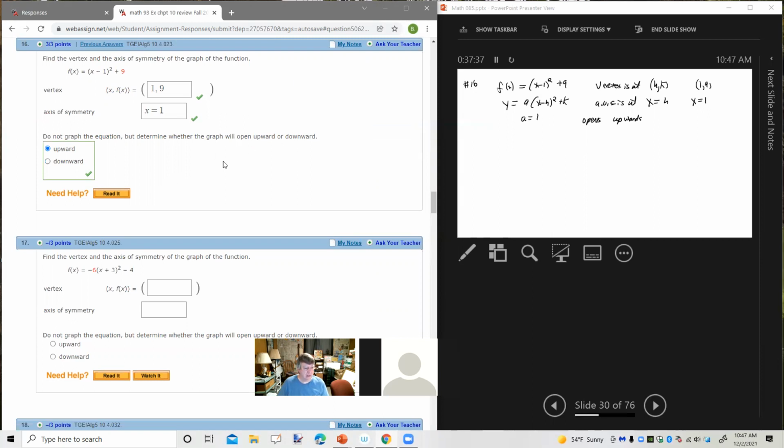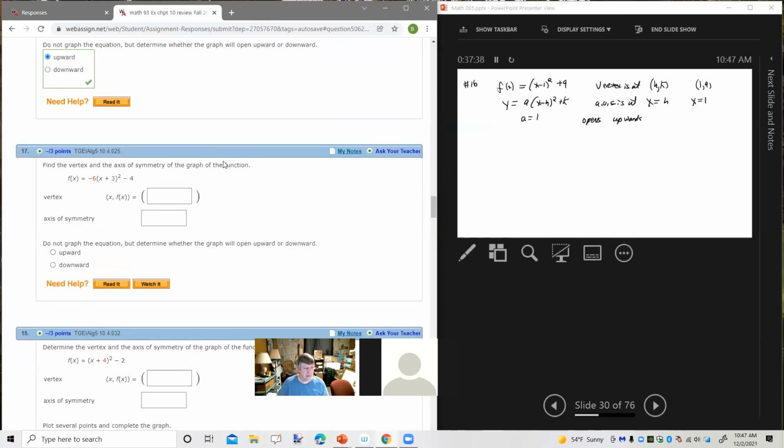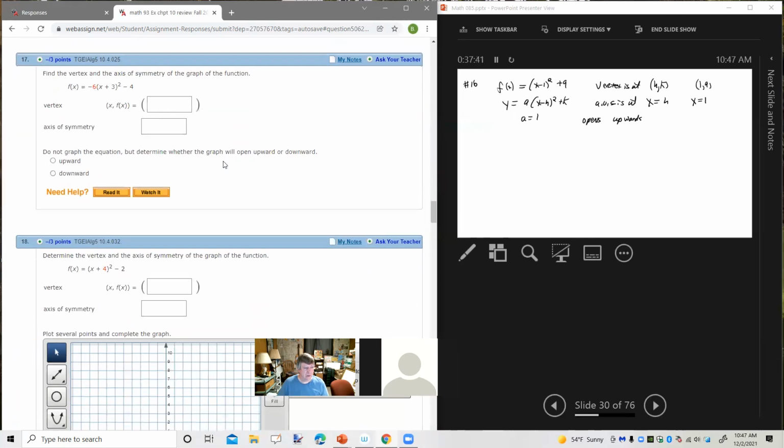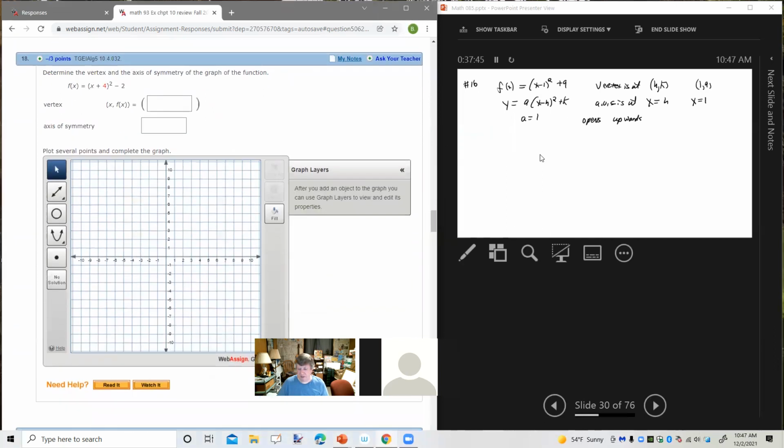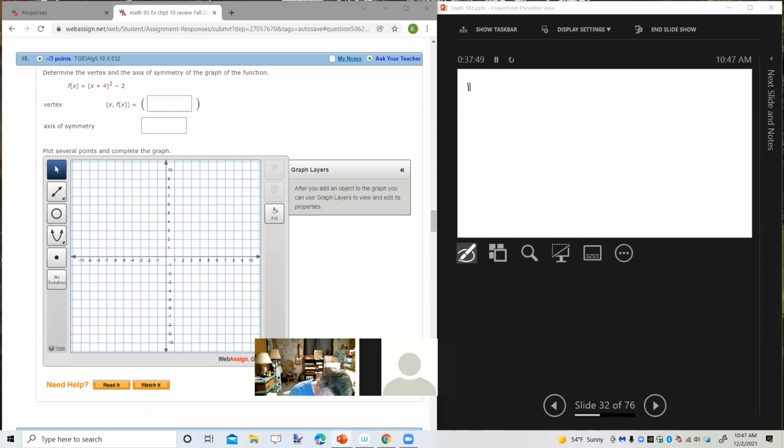Okay, let's see. Let's go down here and do number 18. So the vertex is at (h, k), so that would be (-4, -2). The axis of symmetry is at x equals -4.